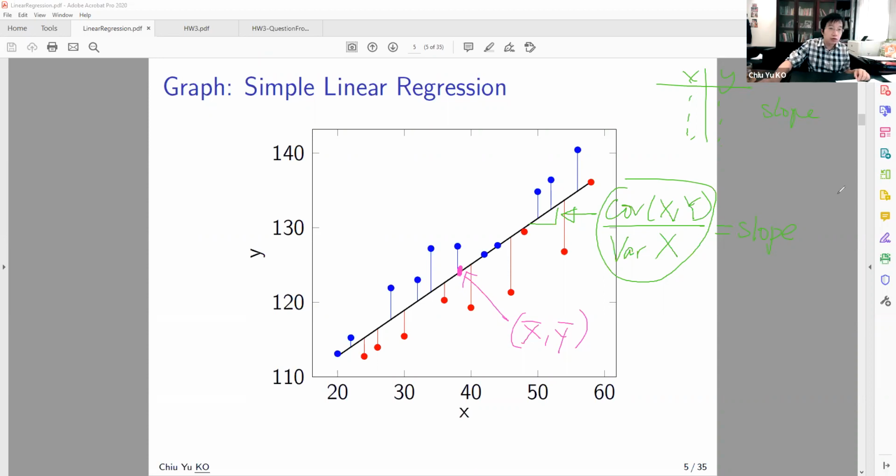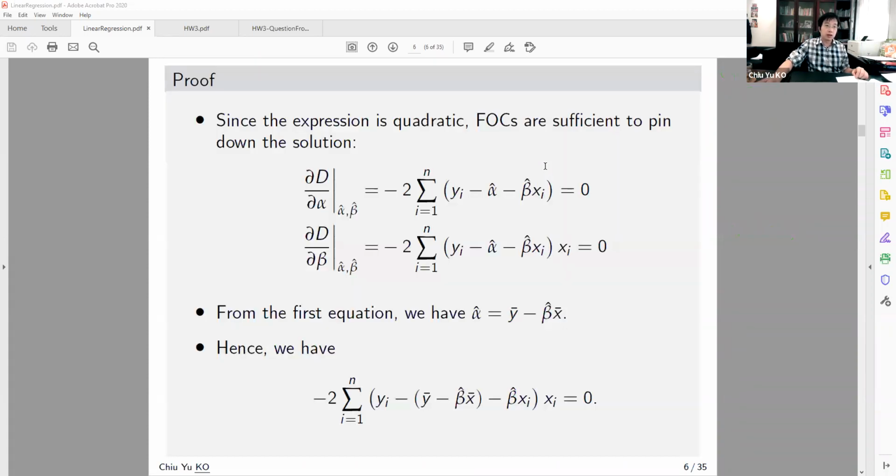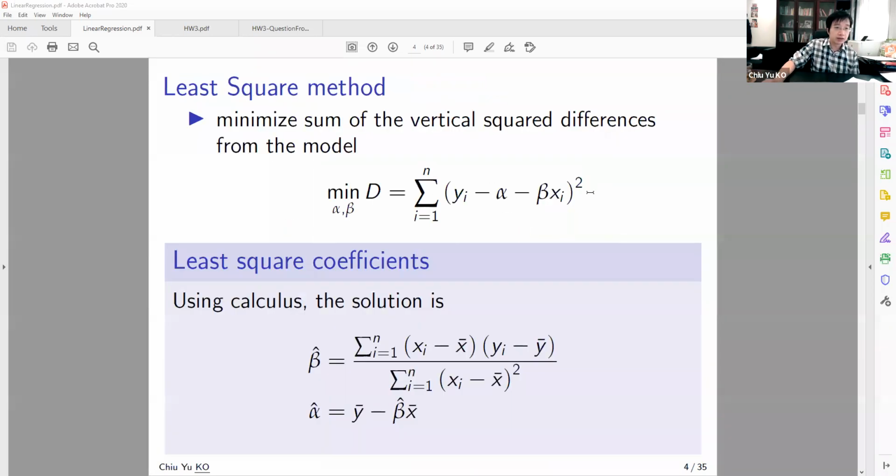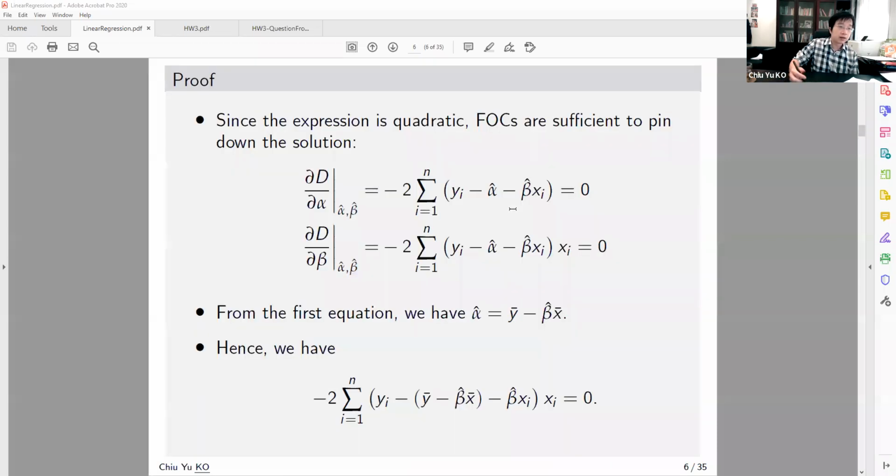If no questions, we'll very quickly go over the proof, because it's somewhat algebra, and because we don't rely on the calculus, I just very briefly go over it here. This is a square, right? So let me quickly see the math here: the sum of yi minus alpha minus beta xi, squared.